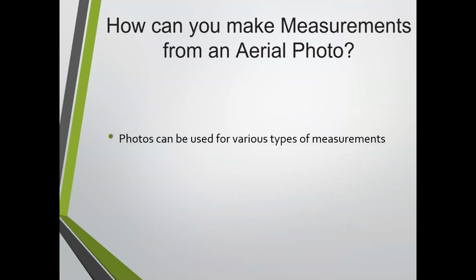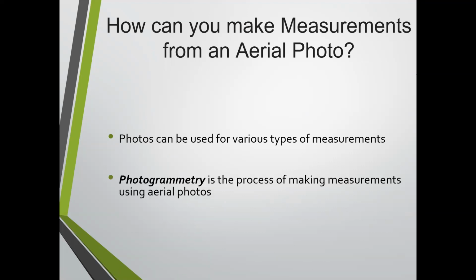So the last thing we want to take a look at is making measurements from aerial photos, because we can do several things with that. One is to determine the scale of that photo, which can then be used to measure horizontal distances. The other is that it can be used to determine heights of things, and that's pretty cool because you can do that based on shadows.